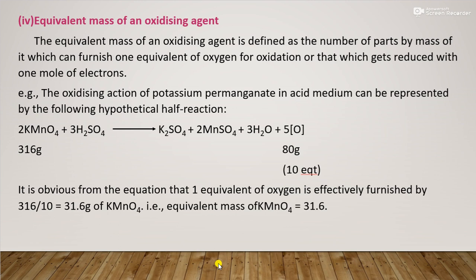So, how can we calculate the equivalent mass of KMnO4? One equivalent of oxygen is effectively furnished by 316 gram divided by 10, that is equal to 31.6 gram of KMnO4. That is, the equivalent mass of KMnO4 is equal to 31.6.